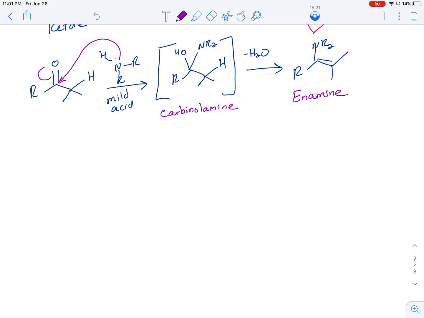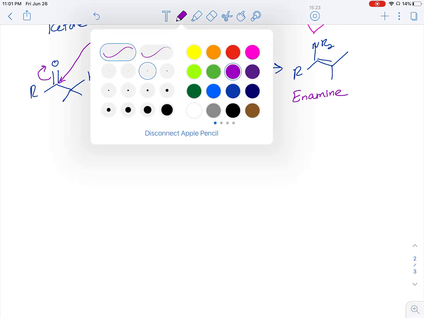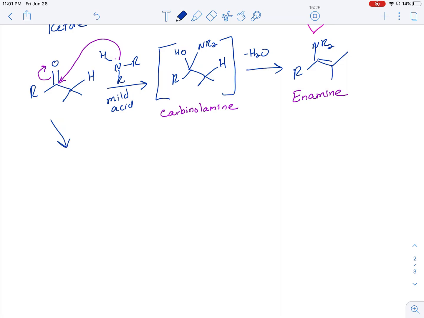You better break a bond so those electrons go up to oxygen. We end up generating this. This is what we end up generating here.